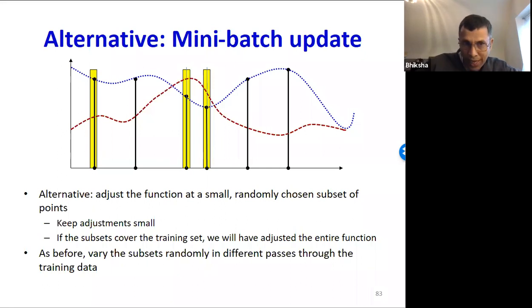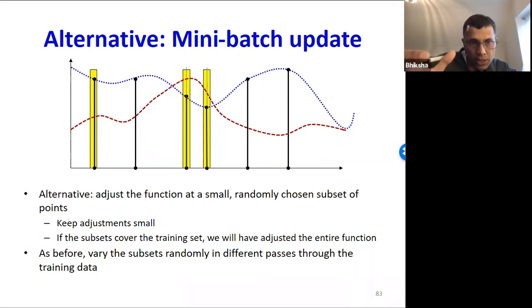You don't use the entire training data, but you adjust the function at a small, randomly chosen set of points. As in the case of SGD, you're going to keep the adjustment small. But if the process by which you're choosing this small set is careful enough, then these random samples are going to be distributed across the training data.